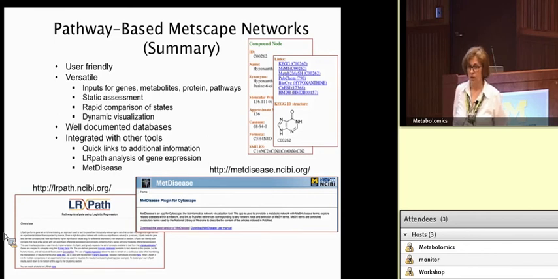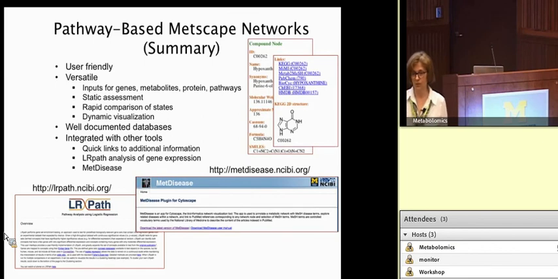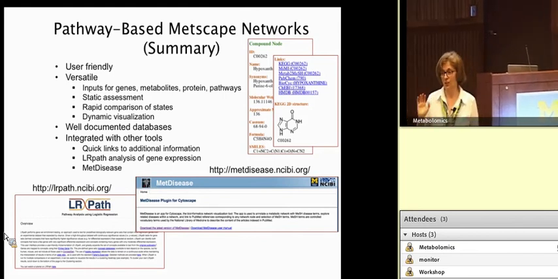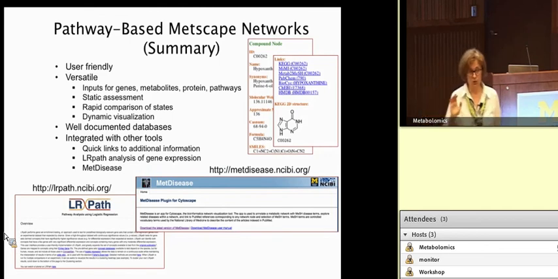Yes, you can. The only thing is, when you said feature, that implied to me that it was maybe an unknown metabolite, okay? So it has to be a known compound, okay?